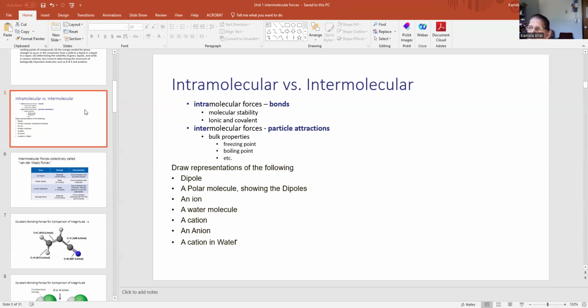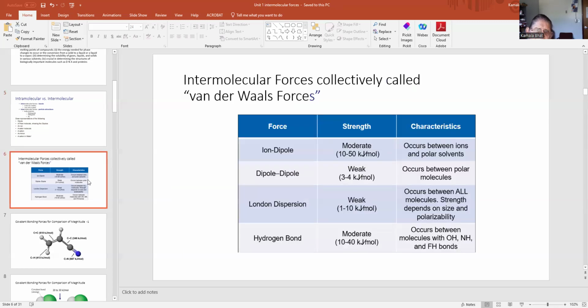Because if you remember chapter 8 in General Chemistry 101, where we drew the geometry of molecules and studied their properties in terms of bond angle, bond geometry, electron pair geometry, molecular geometry, and bond order, then this is a way to recap and make sure that you understand what we are talking about and get the gist of it.